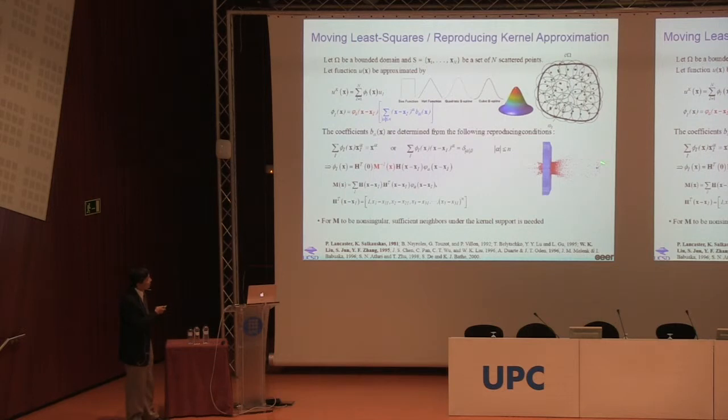But whenever you have this fragmented situation, then the deformation gradient is no longer one-to-one, so you cannot rely on that. And so you have to do everything in the deformed configuration, and make sure that you always have enough neighbors under this kernel support. First of all, you have to check for every node at every time step, and that's computationally expensive.